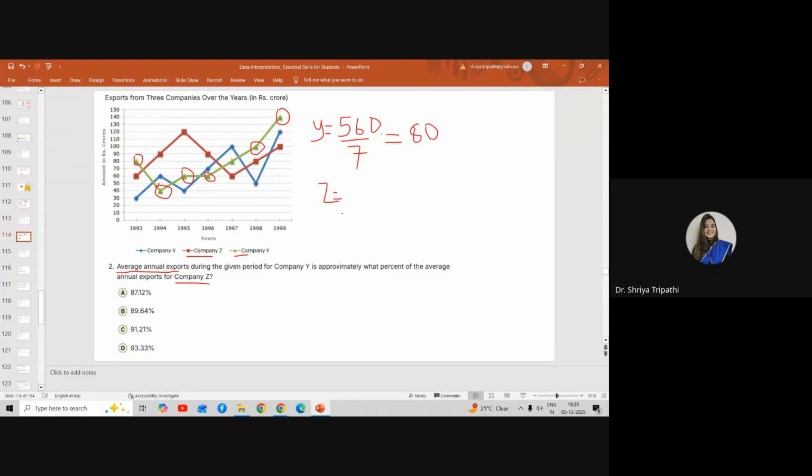Divide by again 7. Take your time, solve.